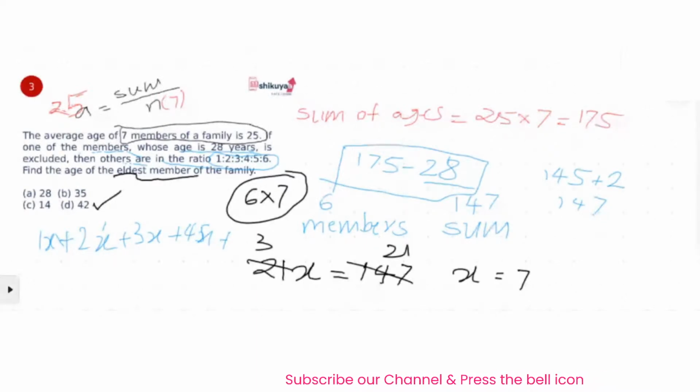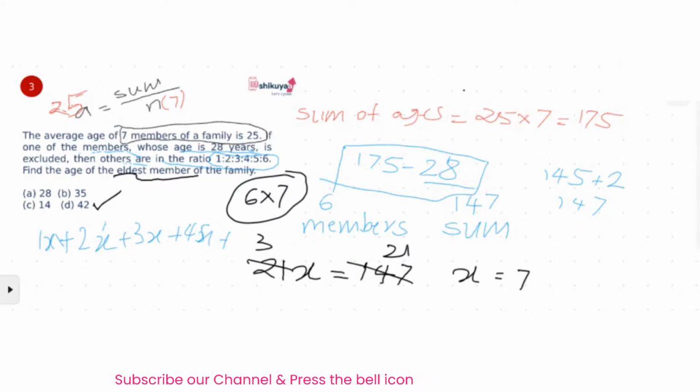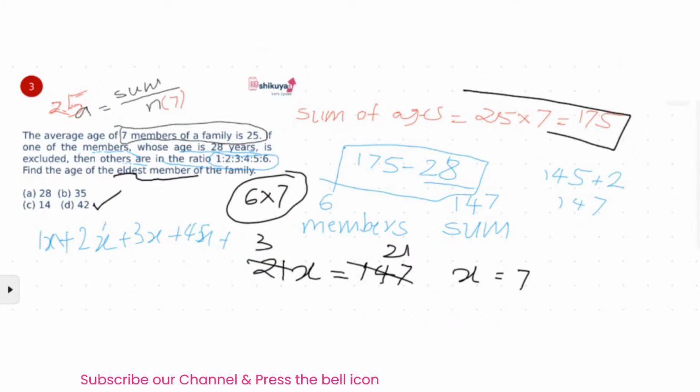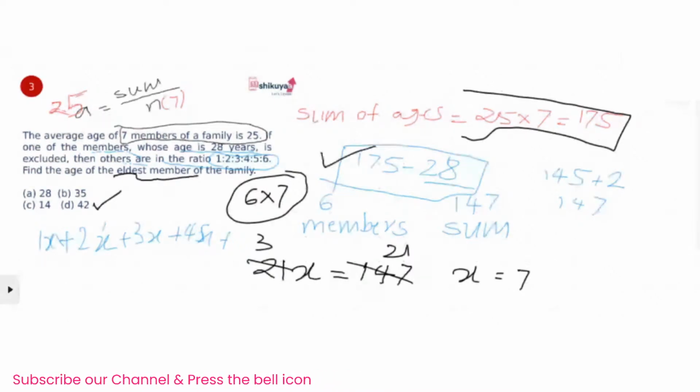Perfect. There are many students who have solved the problem. Let me just repeat. As per the given data, the initial sum of the ages of the family was 175. Now they removed a person from this family, and the new sum of the entire family has become 147.